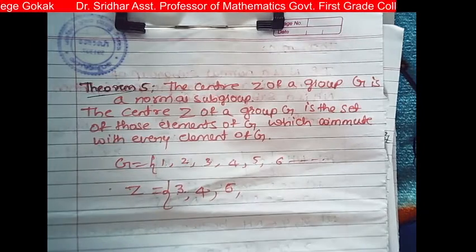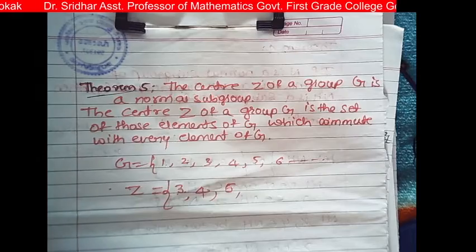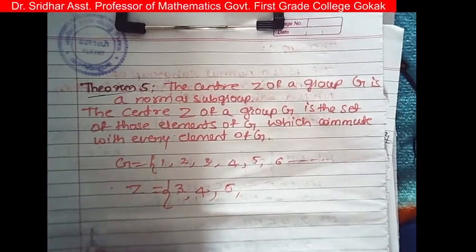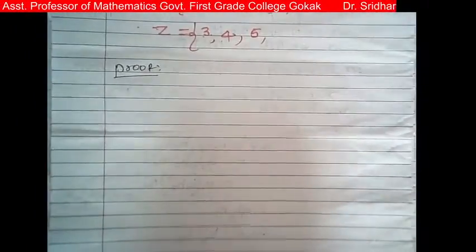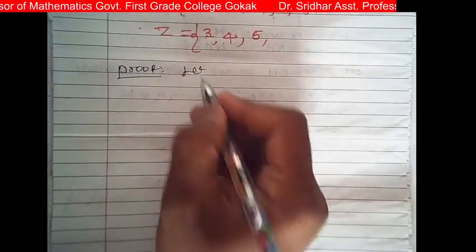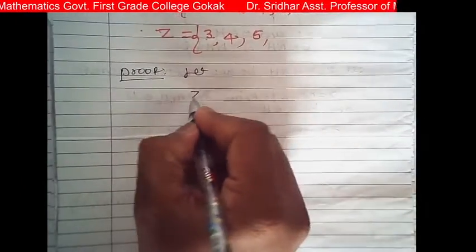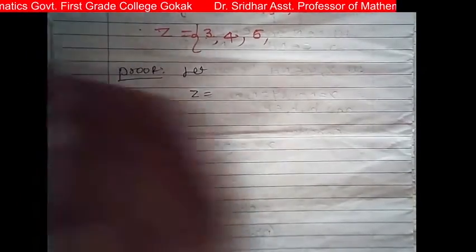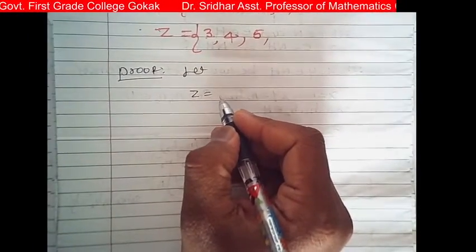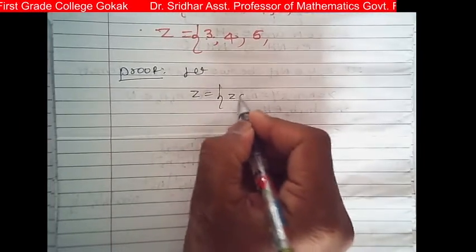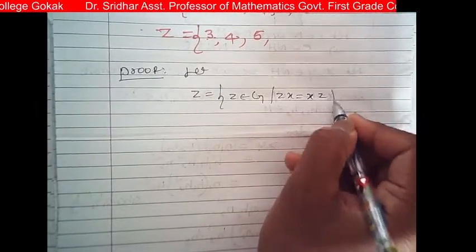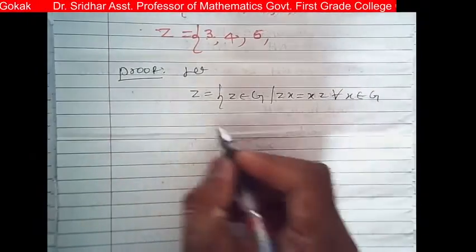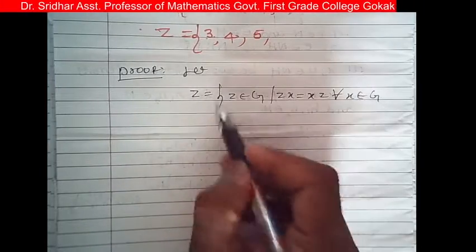Okay, so now we have to show that this is also a normal subgroup. So now the proof. How do you prove this one? To prove this, let Z be equal to the set of elements z belongs to G such that zx is equal to xz for all x belongs to G. So this is the center of the group.